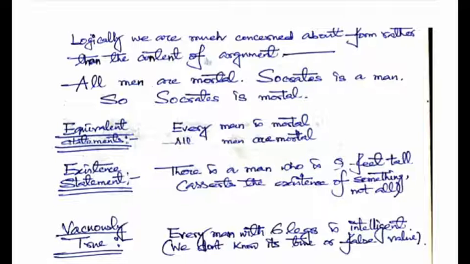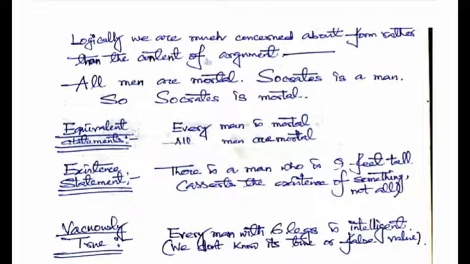So what are equivalent statements? For example, every man is mortal and all men are mortal. These are equivalent. And similarly, what is an existence statement? That means one which asserts the existence of something but not all. For example, there is a man who is 9 feet tall.